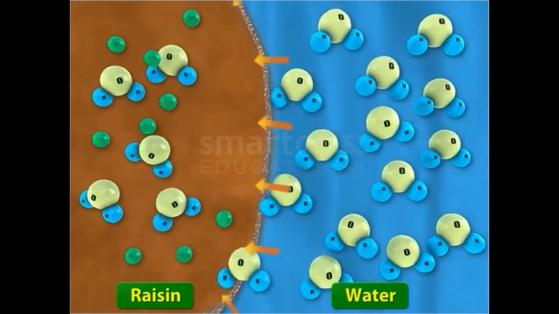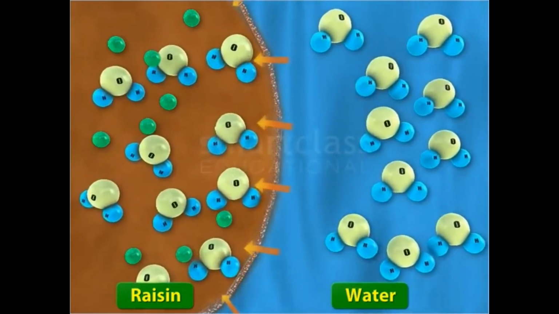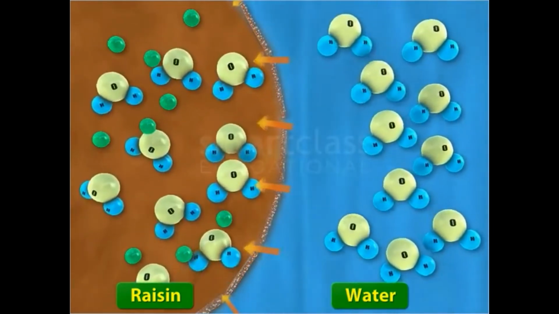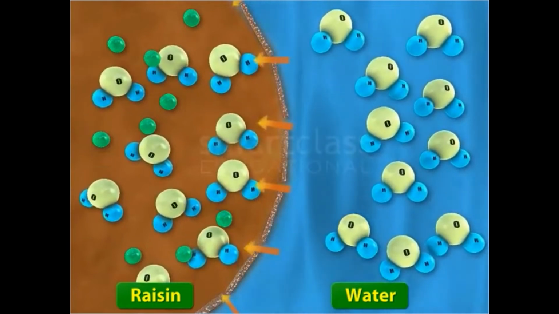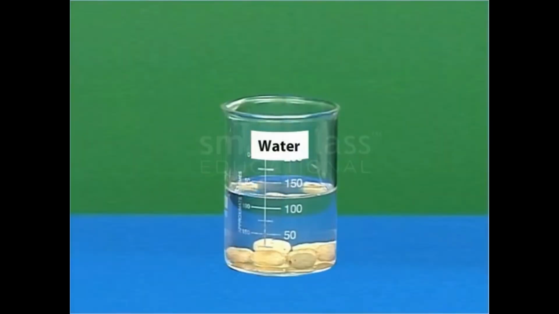So the water molecules started to move through the semi-permeable membrane into the raisin. The movement of water molecules, which are solvent molecules, occurred from a region of low concentration to a region of higher concentration.